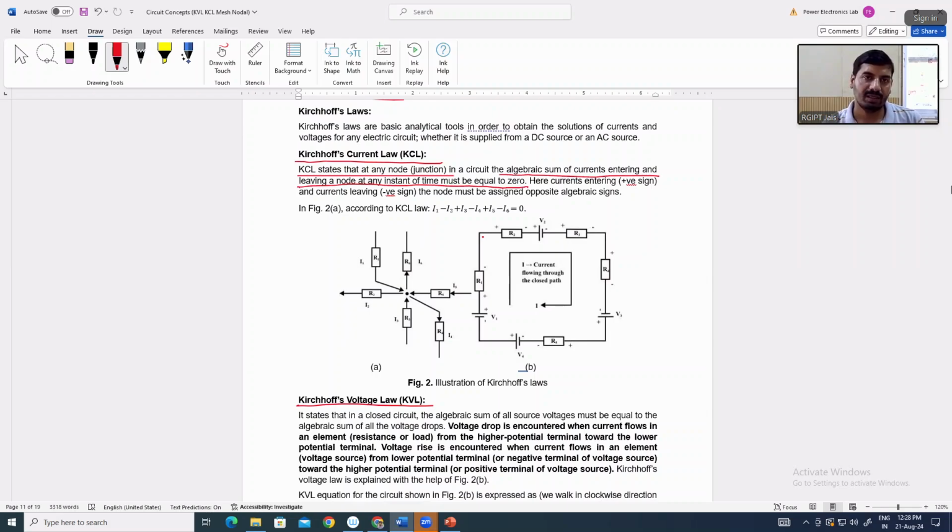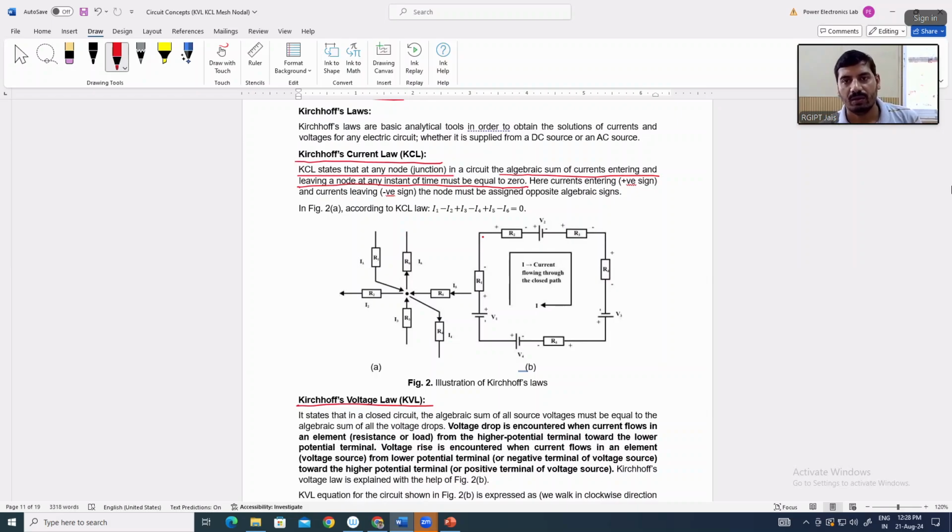As per the KCL, algebraic sum of all currents at the node must be 0. Simple, पढ़ा हुआ है पहले से, okay? So the algebraic sum of all currents entering and leaving at the node must be 0, okay, at any instant.